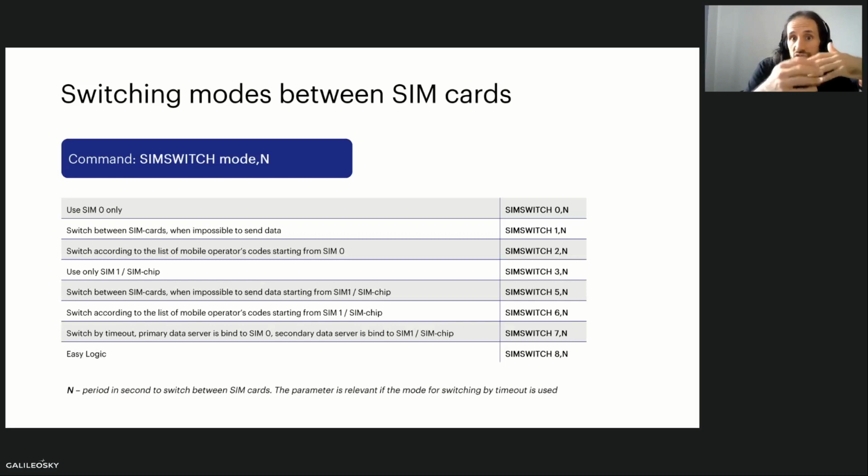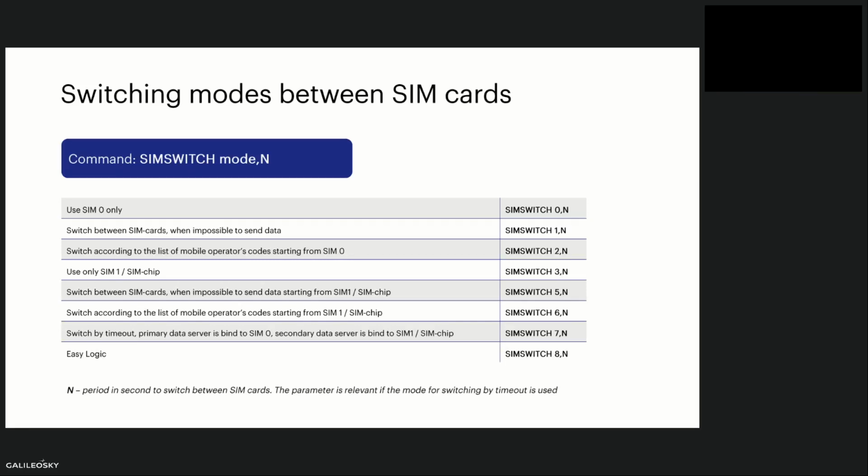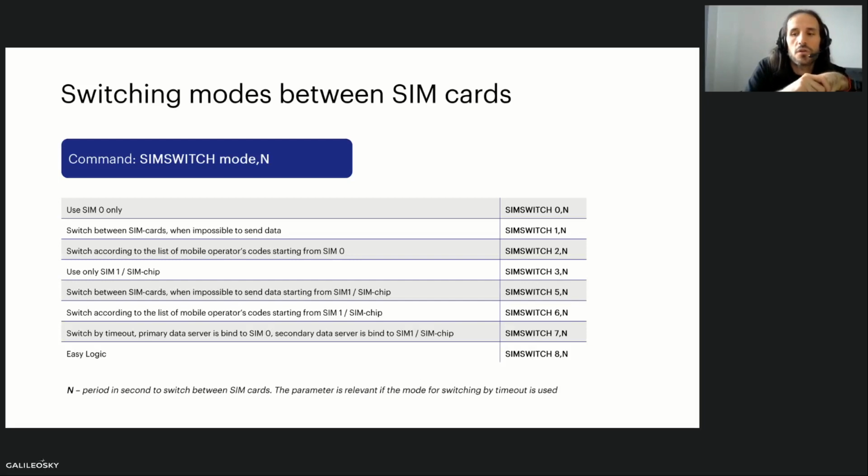So maybe you need to set it a little larger, for example 240 seconds. So you will have 4 full minutes to connect, to establish the session, and to start sending data. And you will send all the data that was registered during that time, and then you will switch back to the other SIM card, right?